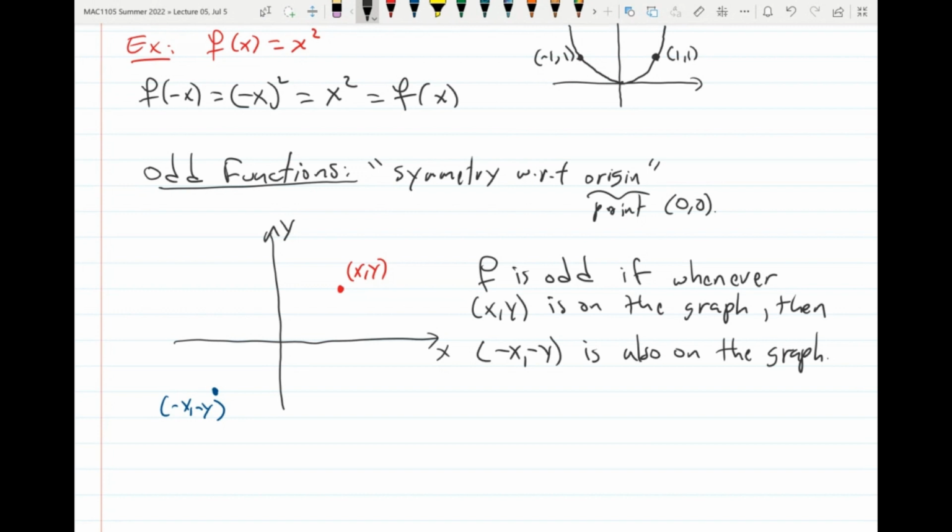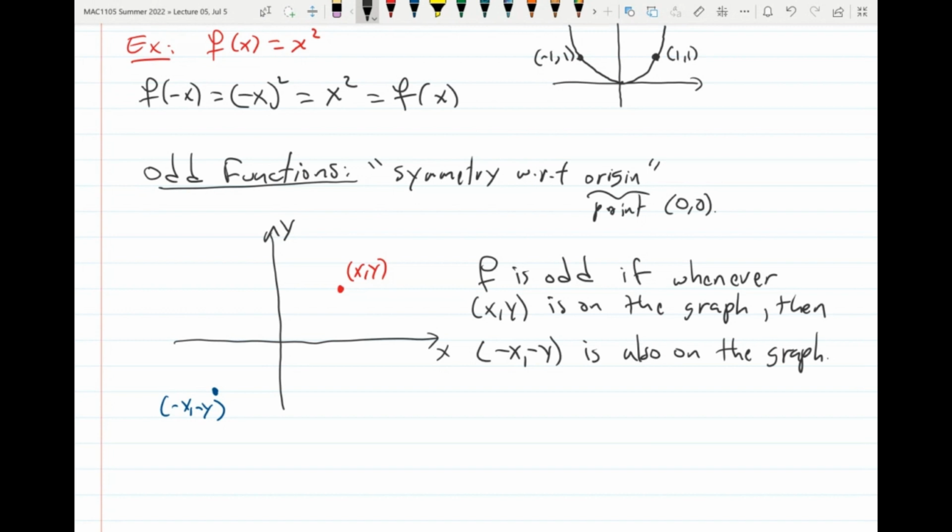Also, when you have a complicated picture, you can identify this in a two-step process. Remember, even means folding, and the two pieces overlapping. So what does it mean to be odd? We can do a folding business, but first you need to fold twice. You fold with respect to y, and then you fold with respect to x, and they have to overlap.